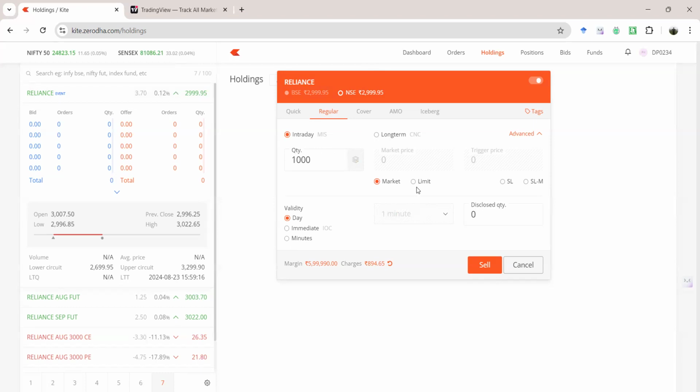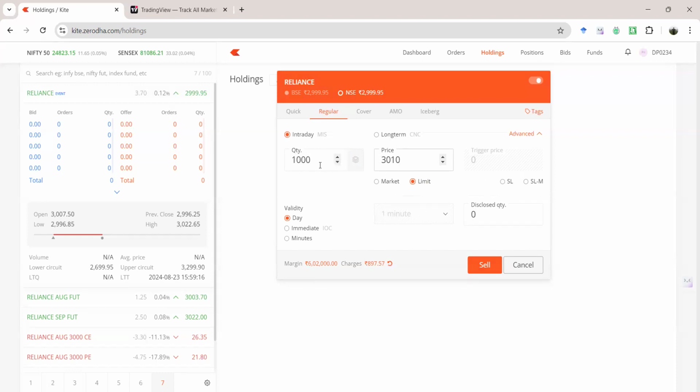But instead of using a market order, if we use a limit order, what will happen? I can choose at which level I want to sell. If I want to sell at 3010 rupees, then it will get sold only when the price comes to 3010 rupees. It will not get sold before that. Suppose the price comes up to 3010, there are 500 sellers and I have placed 1000 quantity.